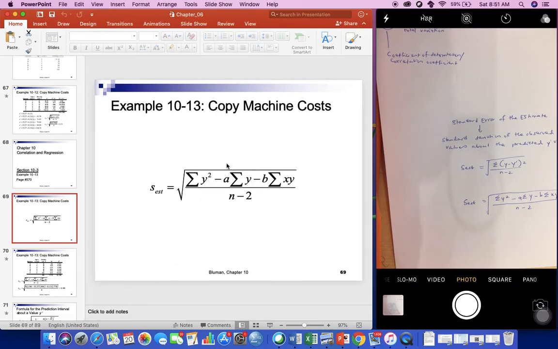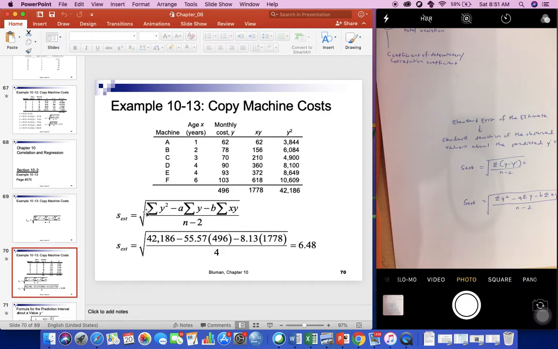Let's take a look at an example for this formula, using the previous machines example. For y power of 2, where is y? Y is here. You need to find the summation for y squared.